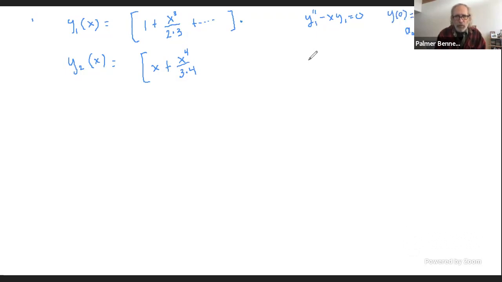And this one will satisfy y2 double prime minus x y2 is equal to 0, with y2 at 0 equals 0, and y2 prime at 0 is equal to 1.